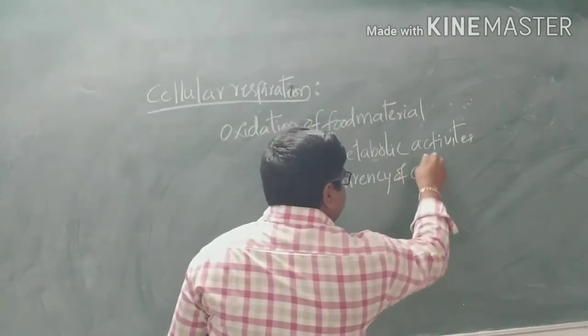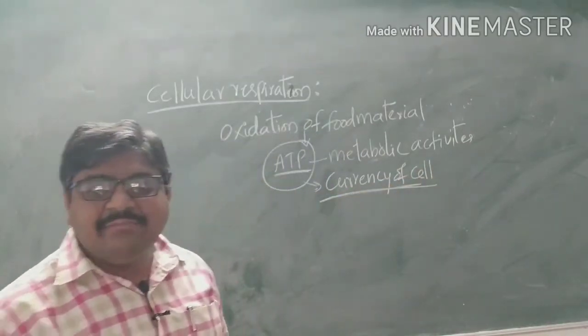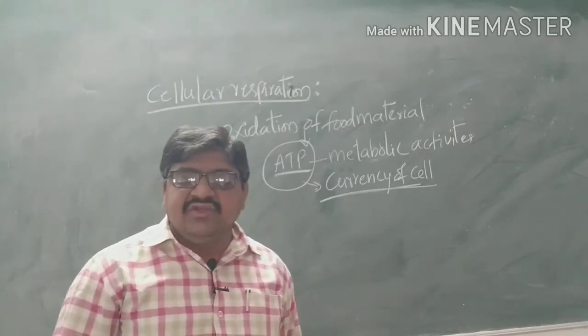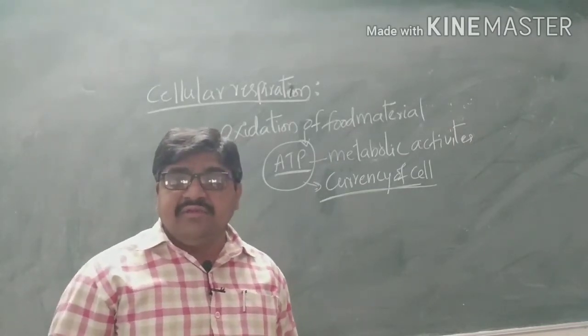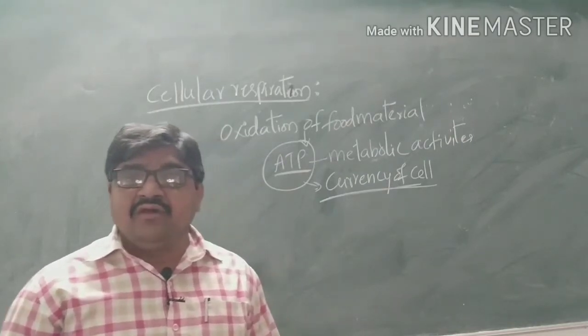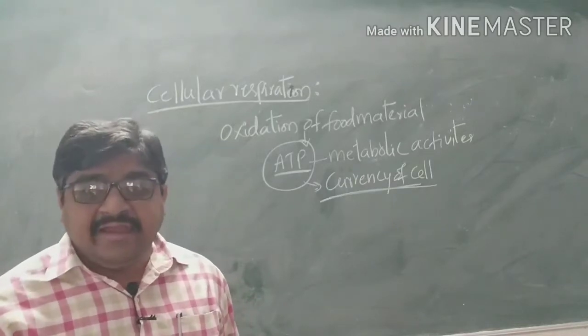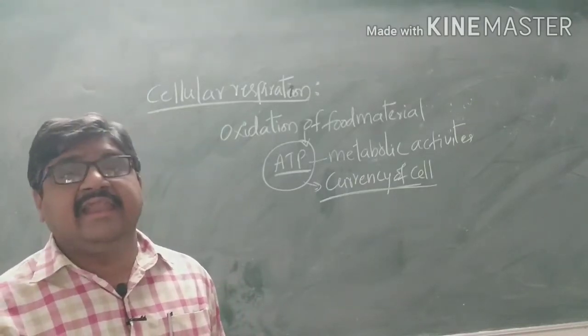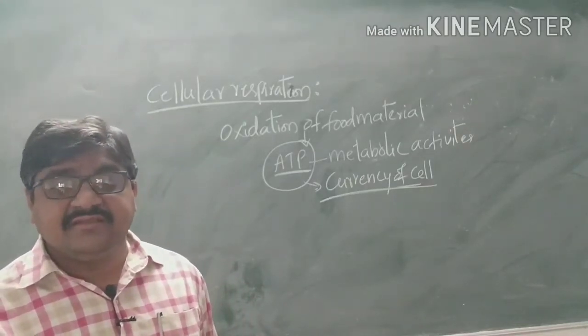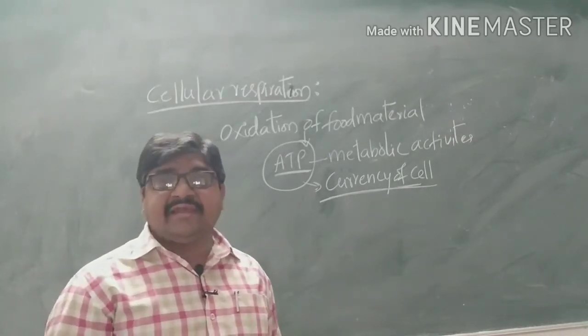Without ATP molecules, the cell cannot carry out its activities. When energy is present, we are able to do our daily metabolic activities. If energy is not present, we cannot do our daily activities.